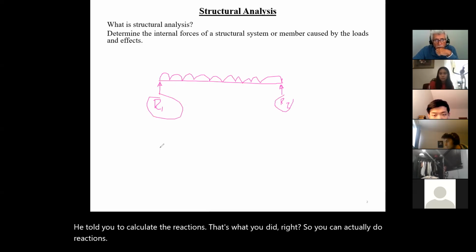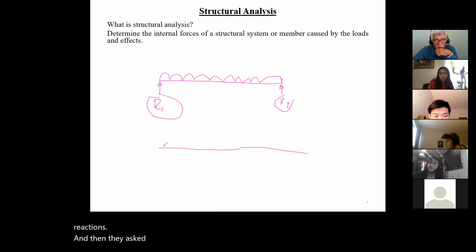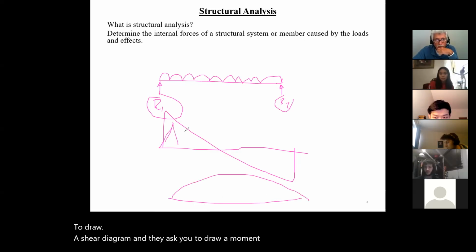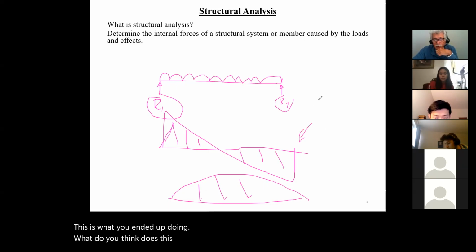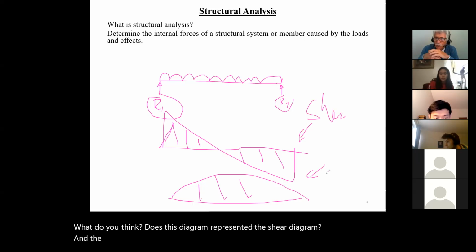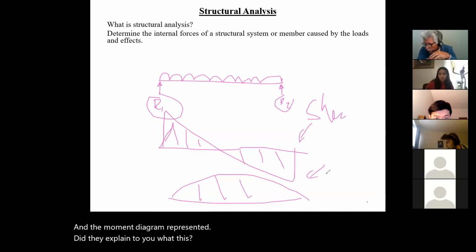And then they asked you to draw a shear diagram, and they asked you to draw a moment diagram, okay? This is what you ended up doing. Now, what do you think that this diagram represented, the shear diagram and the moment diagram? Did they explain to you what this was?